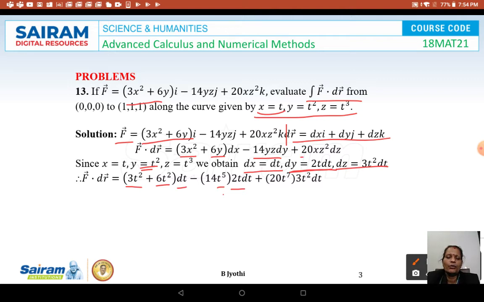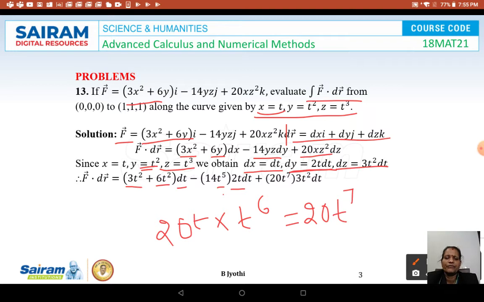Next is 20 into x into z squared, where x equals t. So 20 into t into z squared. The z value is t cubed, so z squared will be t to the power 6. Therefore, we get 20 into t to the power 7. Next, we need dz also.